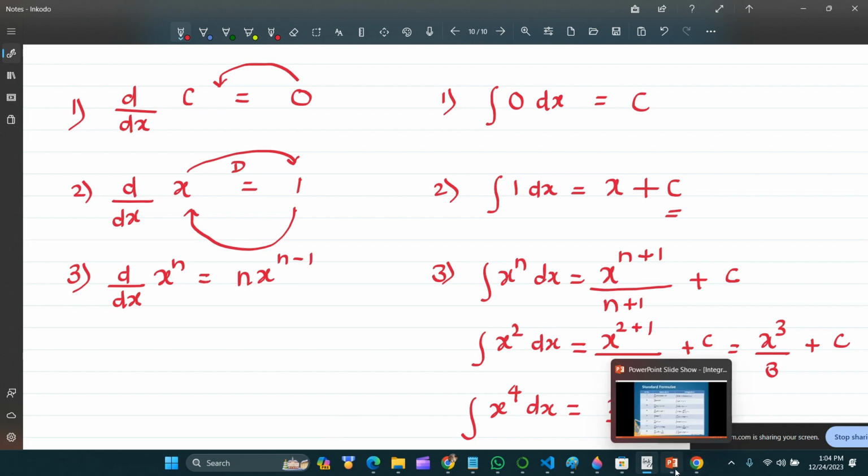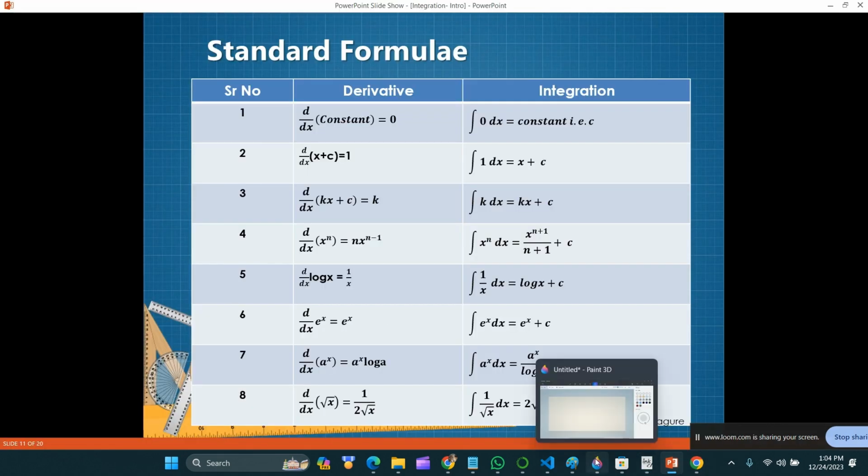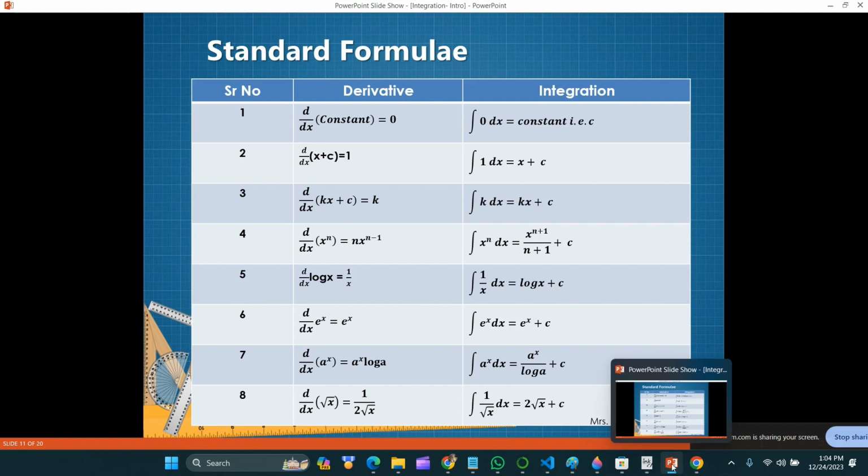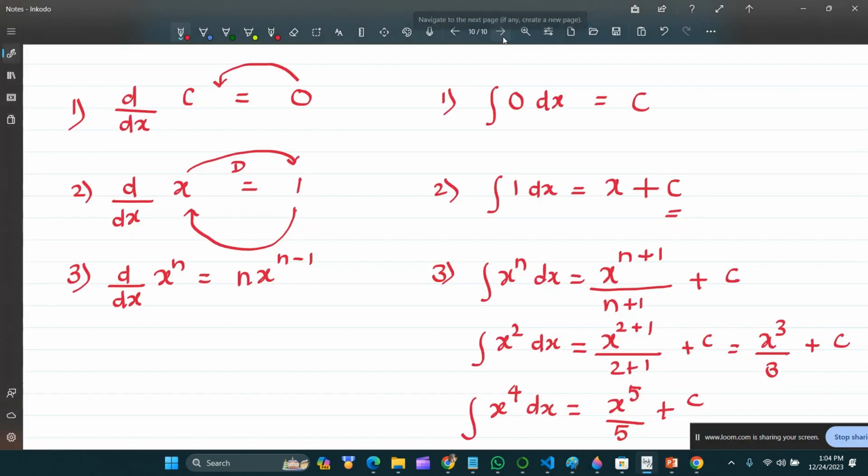Now we'll see the second formula. Next one is the logarithmic function. If you remember, derivative of log x. What is the derivative of log x? All of you remember, 1 upon x, as we have seen already in the first semester.